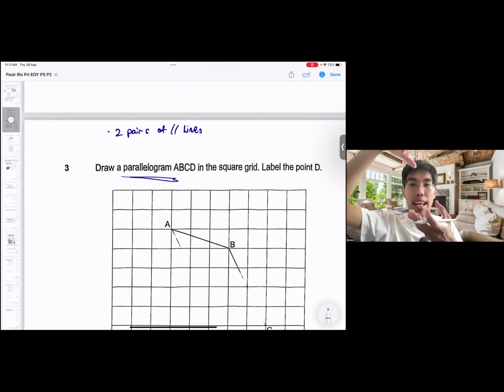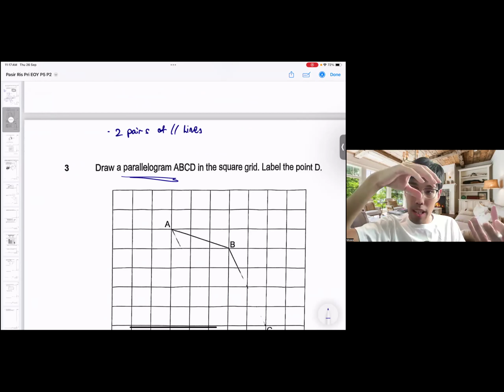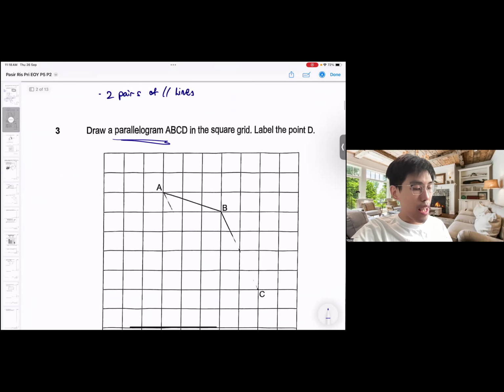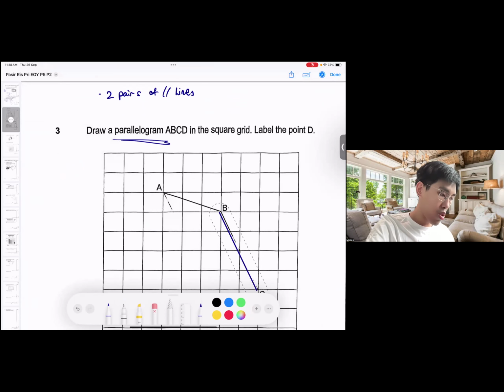As you can see, it is like a rectangle, but you tilt it sideways. Okay, so from here, ABC has been drawn. Thankfully ABC has been drawn. So I draw a line here. Let me see if I can adjust it a bit. Should be okay, this is nice.